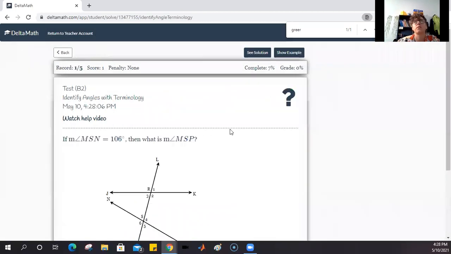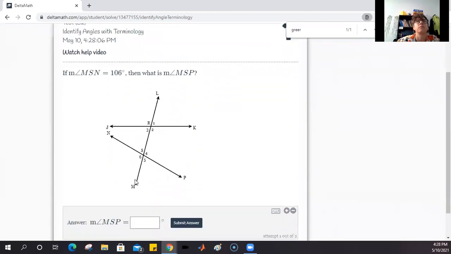Next question. If the measure of angle MSN is 106, what is MSP? That was the linear pair we just talked about. MSN is going to be 106 degrees. So MSP together with MSN, a linear pair, means they're going to add up to 180.